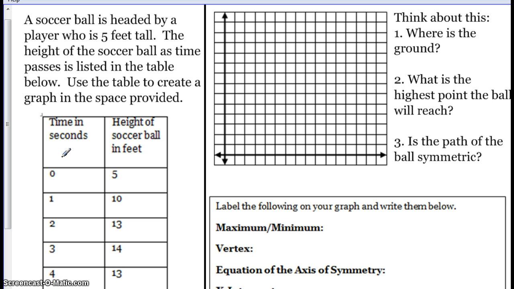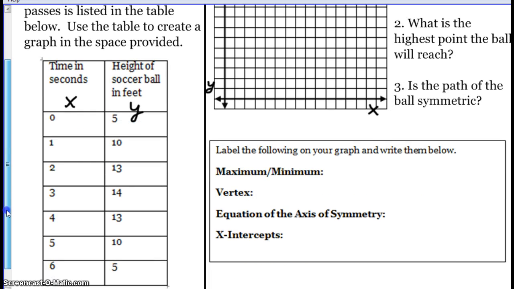Our time will be our x, our independent variable, and our height will be our y. So you're going to graph it on here, and you can spread out your intervals more, or you can use the grid that you have here. So go ahead and pause the video and see what you get when you graph that table.